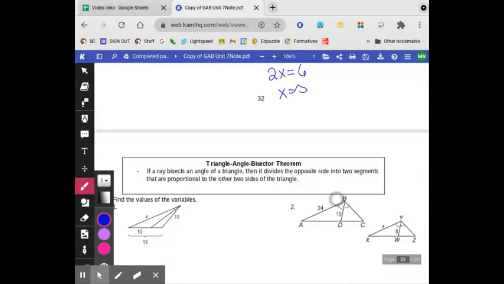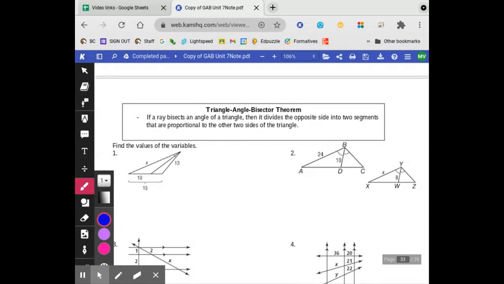So our last theorem of today is the triangle angle bisector theorem. If a ray bisects an angle of a triangle, then it divides the opposite side into 2 segments that are proportional to the other 2 sides of the triangle. So if we look at number 1, knowing that this bottom whole thing is 15, this little part over here would be 5.